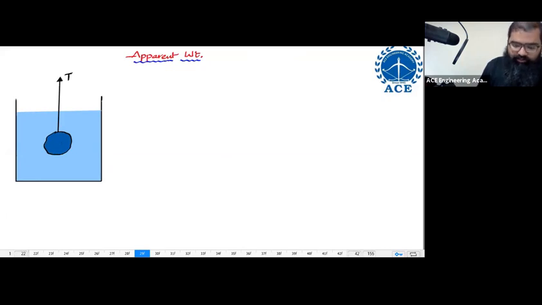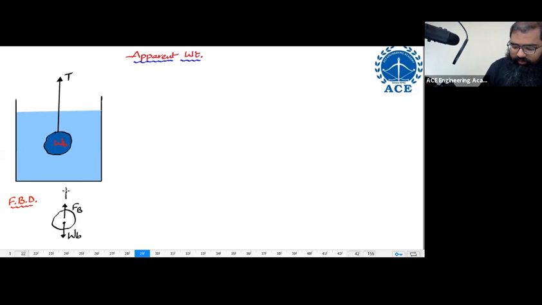This body has a certain weight, let us say W, the weight of the body. Fine. If I draw the free body diagram of only the body in this case, I'm going to have a force coming down that is equal to the weight of the body. I'm going to have a force upward that is equal to FB.